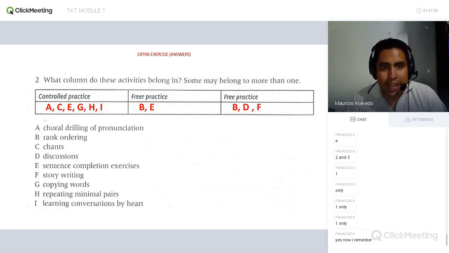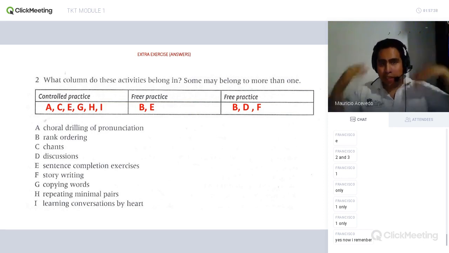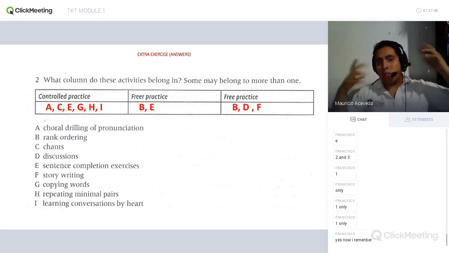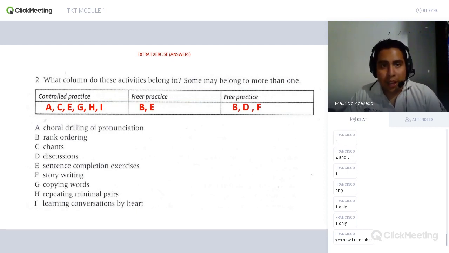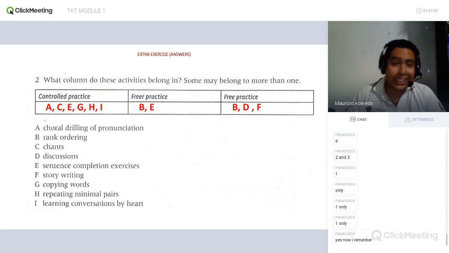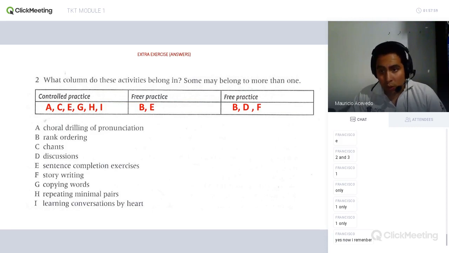Give me sentences with the pronunciation with double E. And they will say B. So everybody repeat B. Okay, maybe you can ask the students to do it. So choral drilling in this case, it's a controlled practice only. So it's only a controlled practice, cannot be freer because you already know the words. And even though you ask the students, they are still controlled.